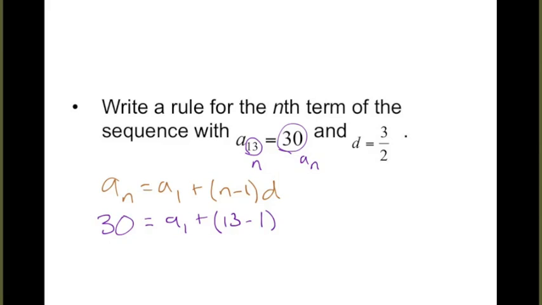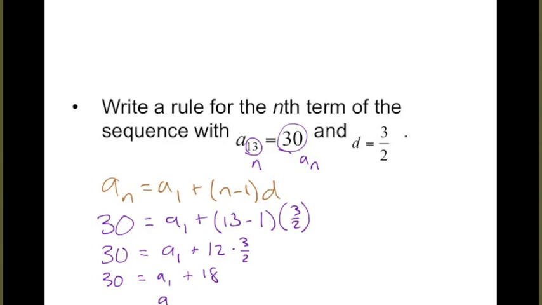Our difference, they tell us, is 3 over 2. So to find out what a sub 1 is, I get 12 times 3 halves, which is 18. So a sub 1 must be 12.